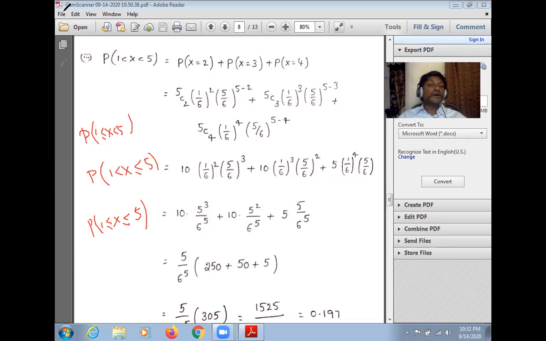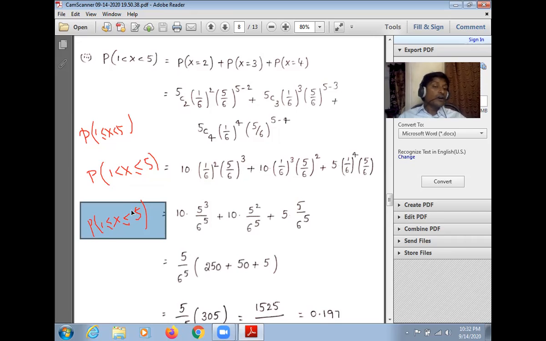Any differences between this one and this one? See, here it is P of 1 less than x less than 5, and here P of 1 less than or equal to x less than 5. Here P of 1 less than x less than or equal to 5. Here P of 1 less than or equal to x less than or equal to 5. Are there any differences?